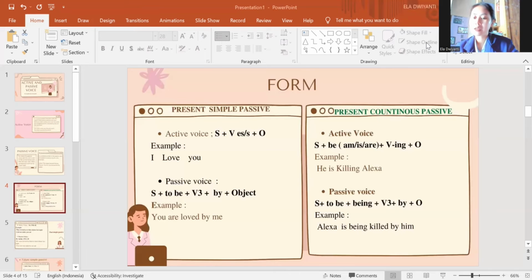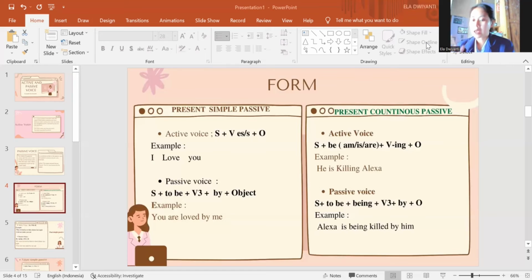Alexa plus to be, is, because Alexa is a single noun. Alexa is plus being, and the verb killing changes to verb three, killed, followed by the preposition by and the object, him. He becomes him in the passive voice.